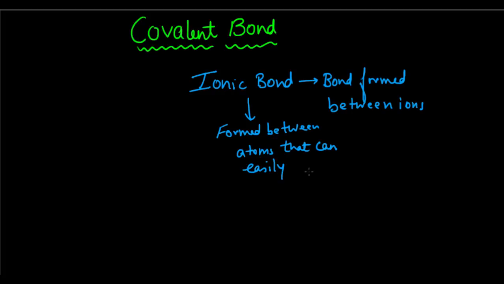So an atom can easily lose or gain an electron and form a bond, an ionic bond, right? Metals usually lose electrons and form positive ions. Non-metals usually gain electrons and form anions, that is negative ions, and they come together and form an ionic bond. So that's an ionic bond.